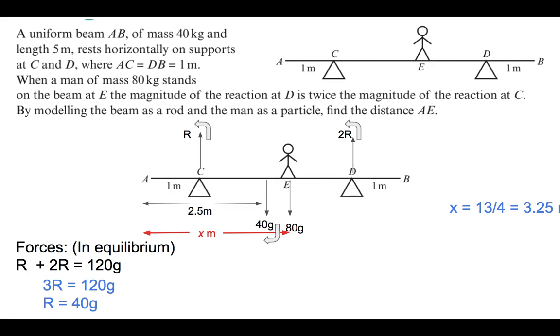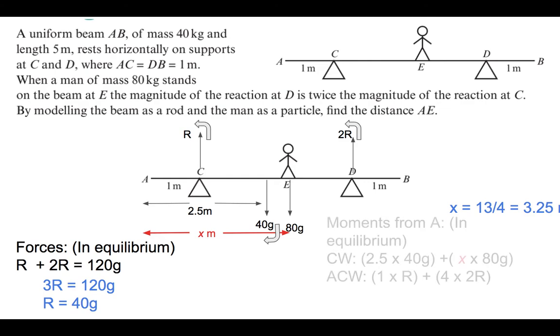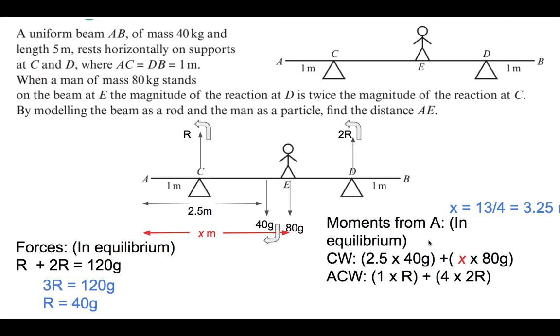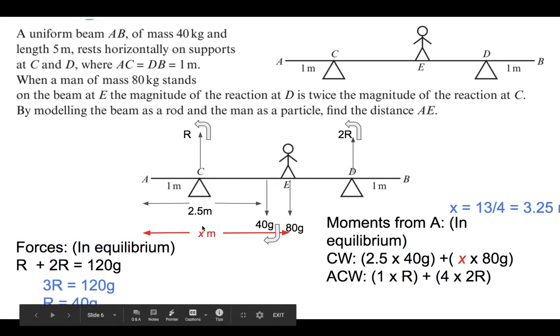Okay, so what we've got here, considering these forces, in the clockwise direction, we've got 2.5 times 40G for that 40G force, and we've got X times 80G for the weight of the man. I've just highlighted the X in red to show it's X metres.